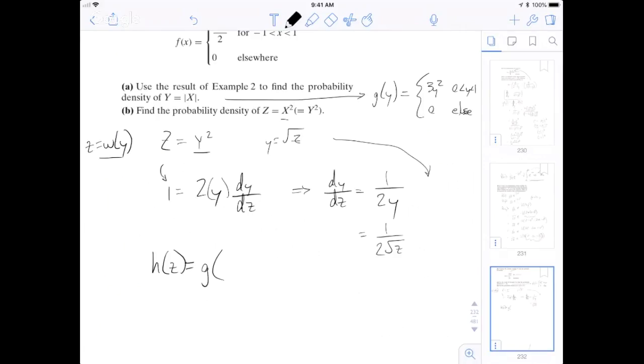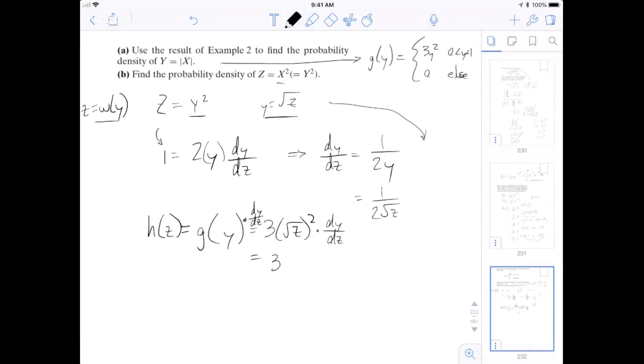If y equals root z, then g of y is going to be 3 root z squared. Then I need to multiply by the dy/dz part here. That gets us to everything in terms of z, which is always our goal by the end of these: to have all the y's ironed out and have it solely in terms of z.